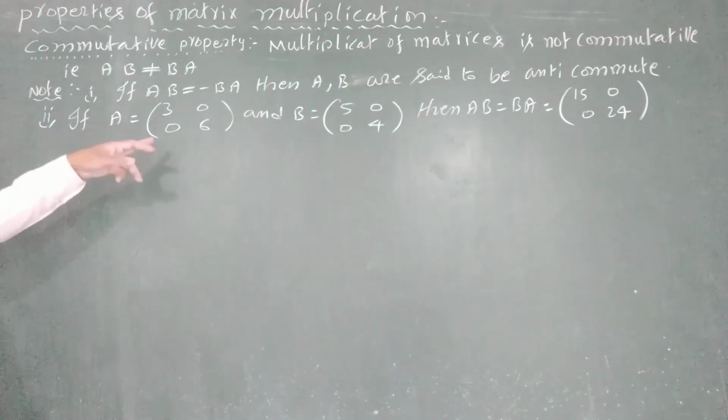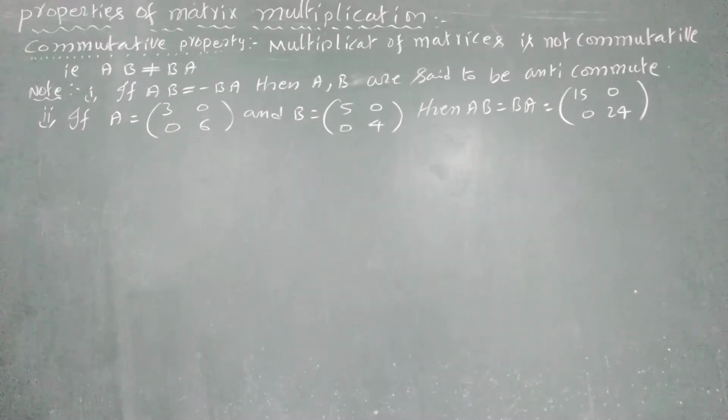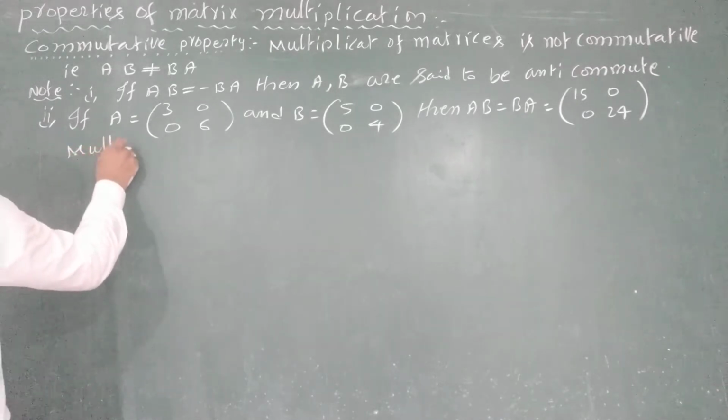What we have to observe here is that the multiplication of diagonal matrices of the same order will be commutative.